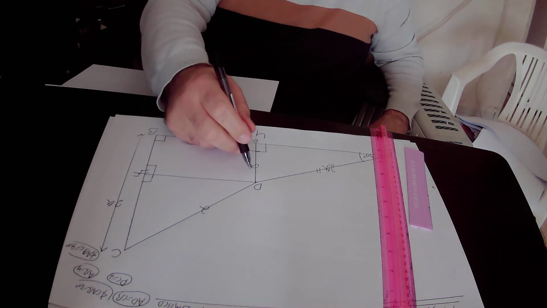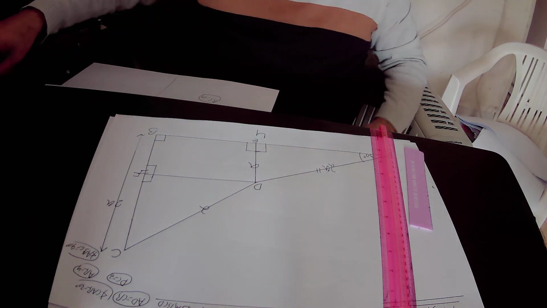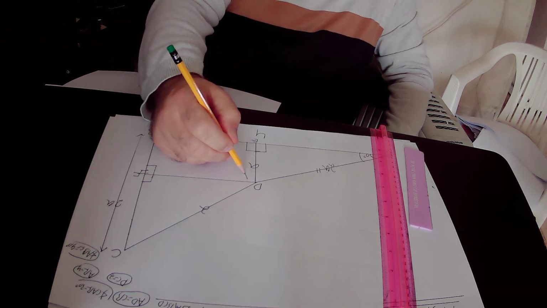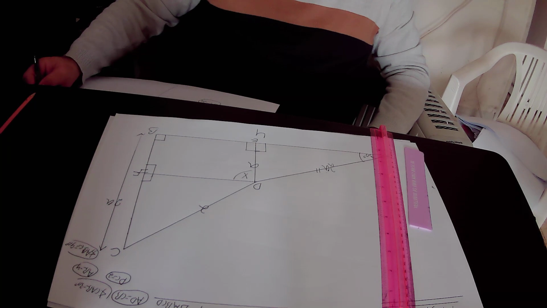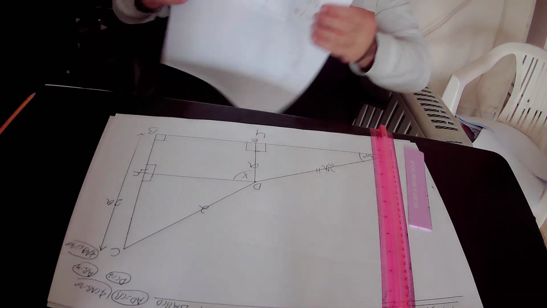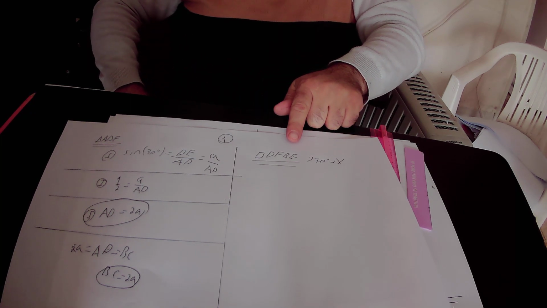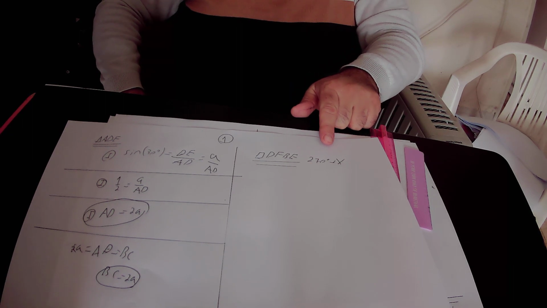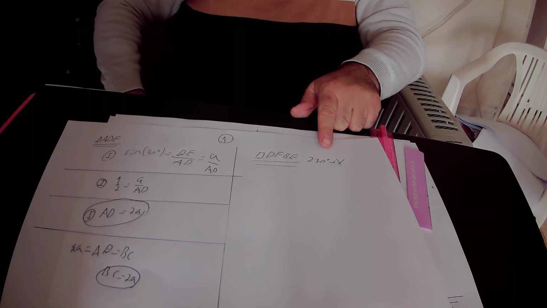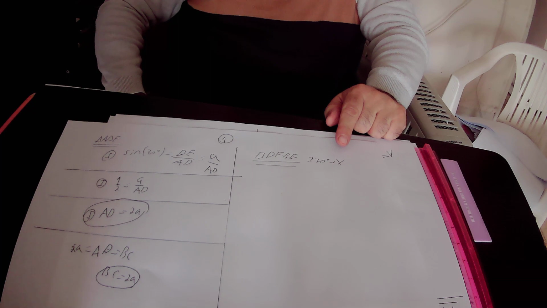Plus, we define this angle, angle ADF, as angle X. So, actually, in quadrilateral DFBE, the sum of all four of its angles is equal to 270 degrees plus X.